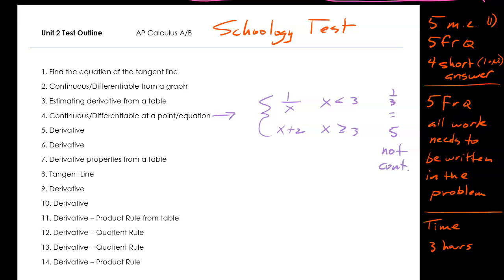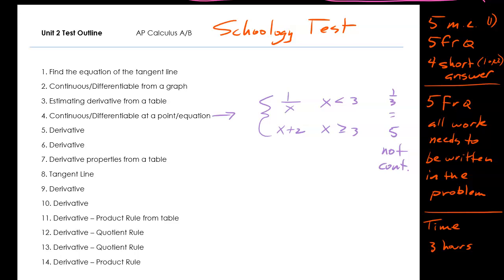Now because I made this example up, it didn't work very well. I would most likely try to create a question where they would meet up and be continuous, but who knows? So because it's not continuous, automatically it's not differentiable at 3. But let's pretend that they do meet up.